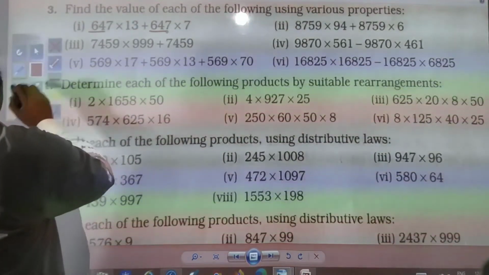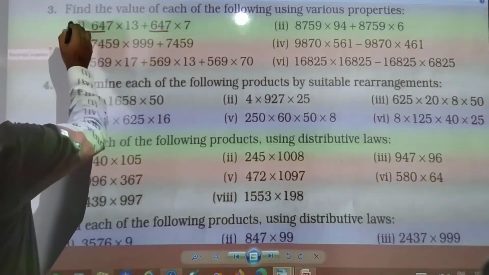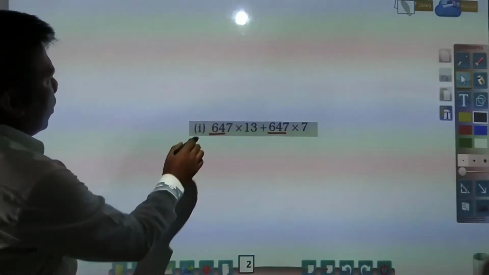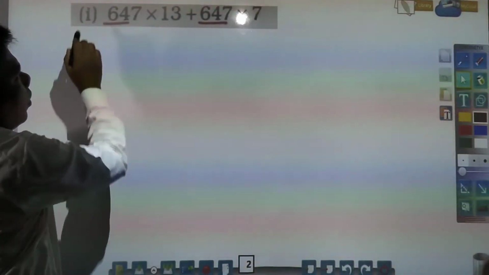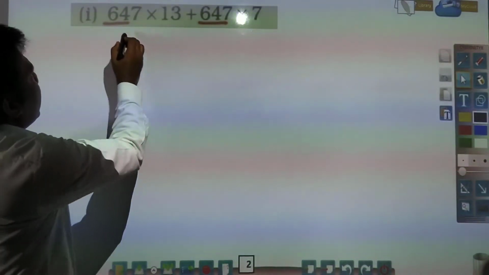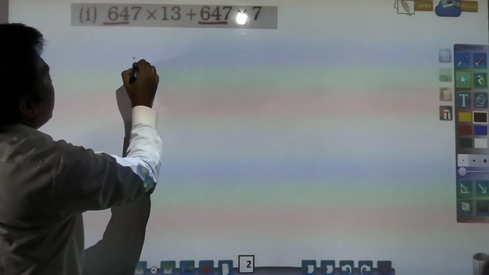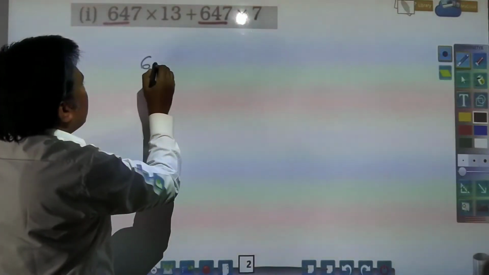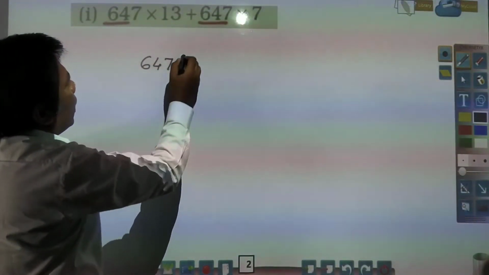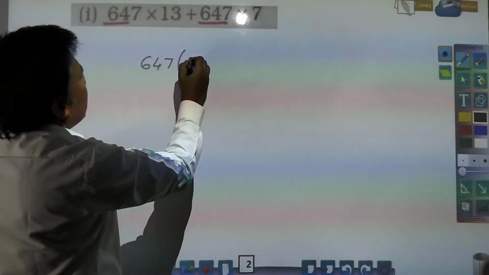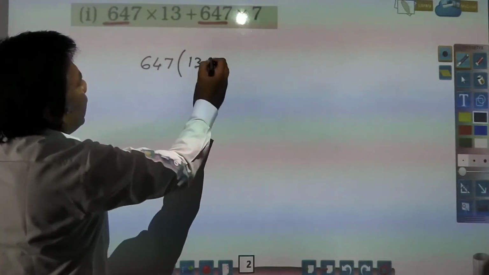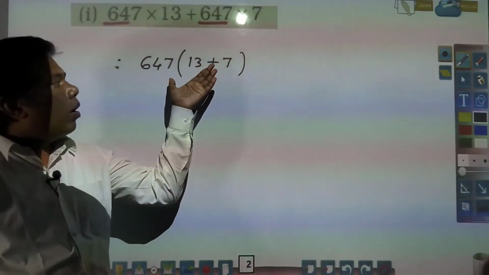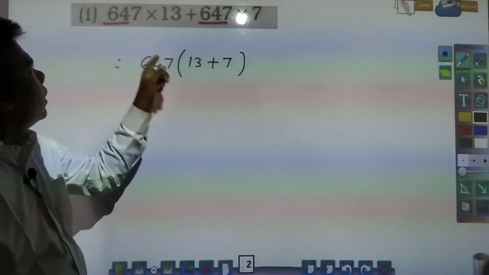So 647 common you have, so it can be written as 647 into 13 plus 7. This is what? Distributive law of multiplication over addition.